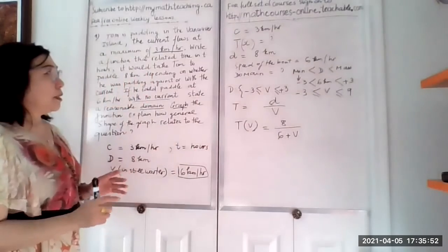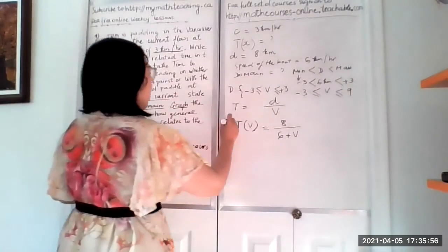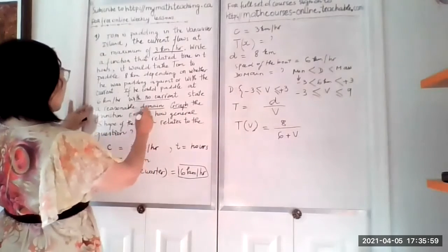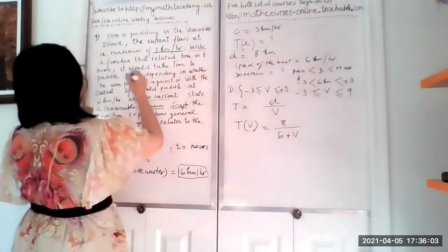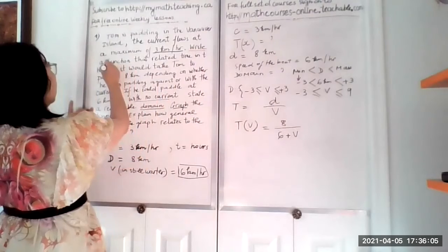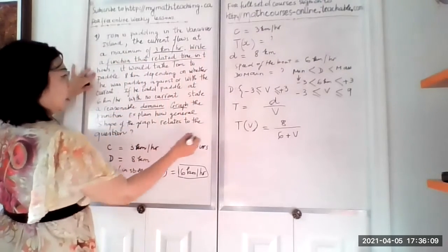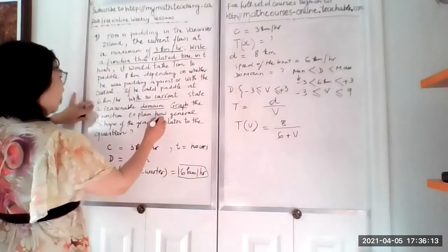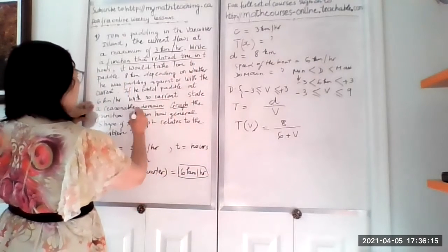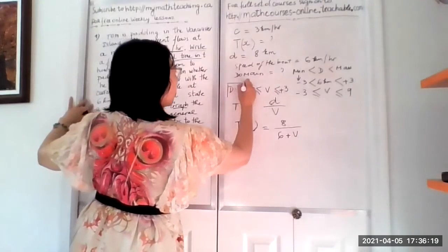Now, let me do the next step. This is how we answered the first question: write a function that relates time in t hours. What else? State the reasonable domain, and here is our reasonable domain.